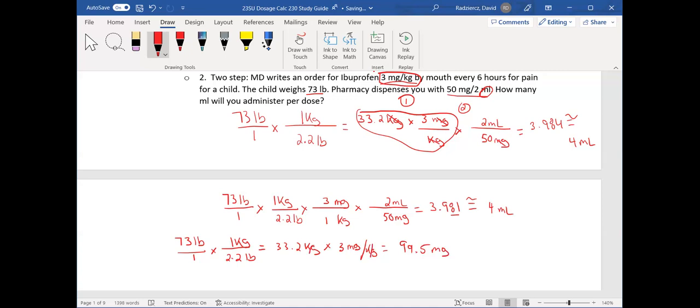Now, once I have it in milligrams, I can do my ordered over have. 50 milligrams, 2 milliliters. But you have to do all these workup steps first.